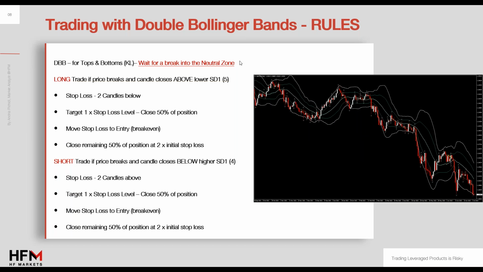If we have seen something like that, we need to wait for the next candle in order to find out whether we're going to enter long or short or not enter at all. For taking a long position, the price enters the neutral zone and closes within it.